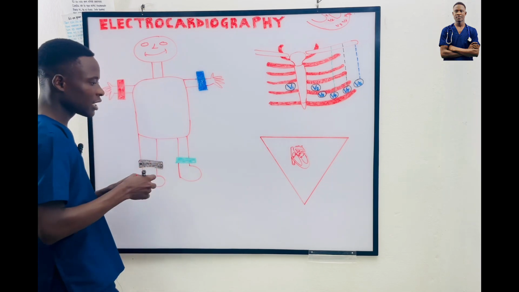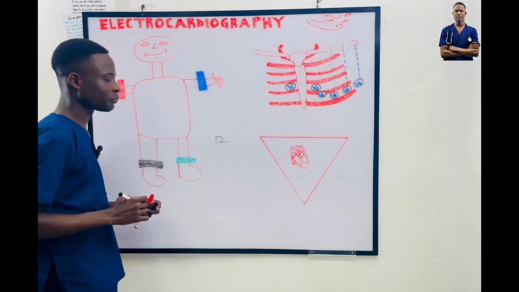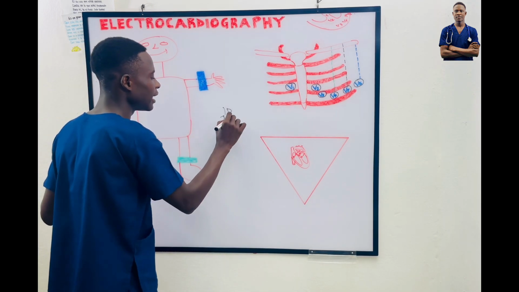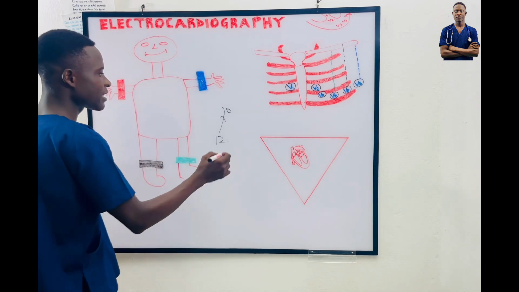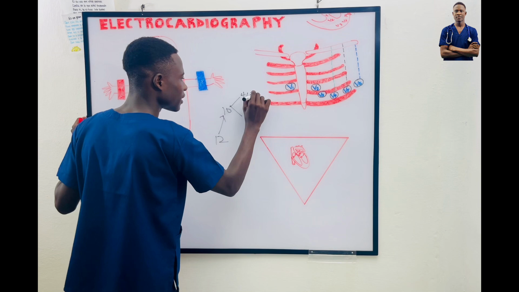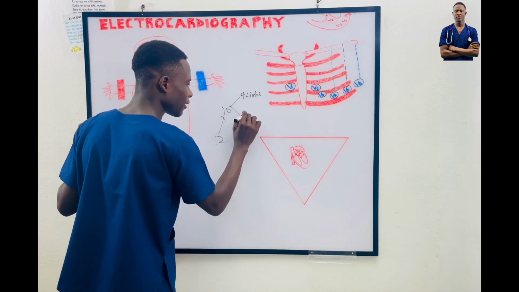Now, let's look at this. We have 12 leads. And out of these 12 leads, we have 10 electrodes. And out of these 10 electrodes, we have 4 that are for the limbs and 6 that are for the chest.